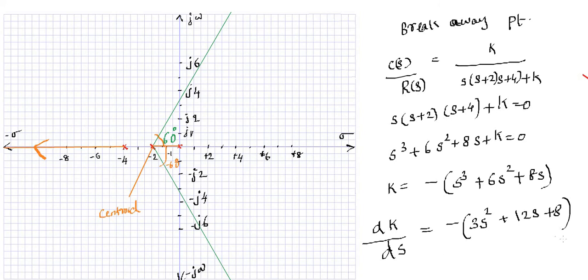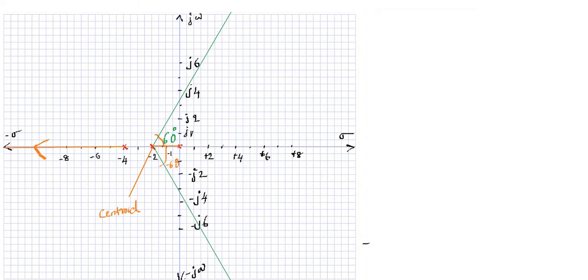Now, equate it to 0, that is, minus of 3s square plus 12s plus 8 equal to 0. If we equate that equation to 0, our equation will be 3s square plus 12s plus 8 equal to 0.